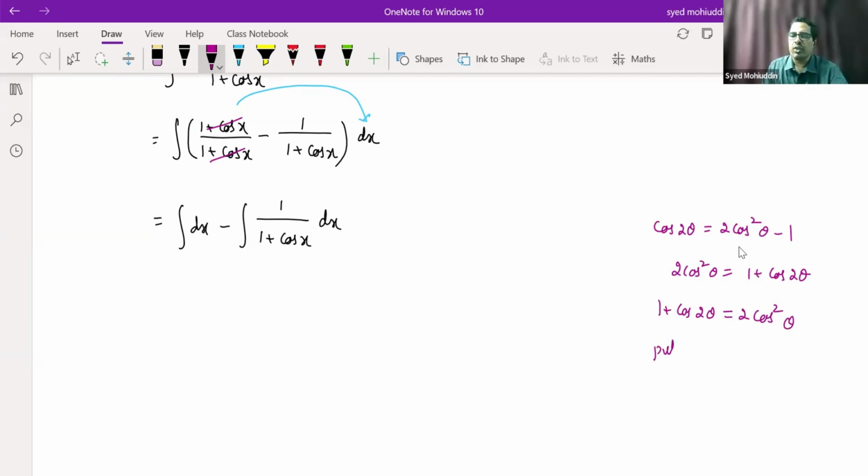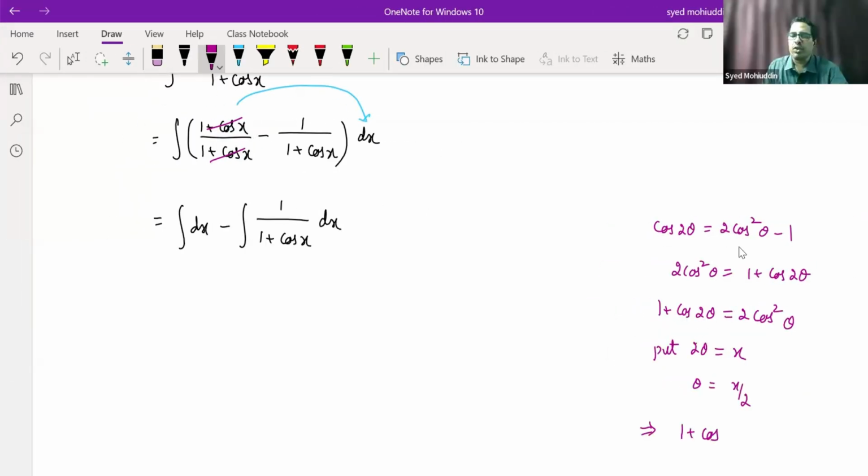Here I take 2 theta equals x, and on the right hand side also I have to get it in terms of x only. What is the theta value? Theta is x by 2. So it is 2 cos square x by 2. Try to remember this formula directly. So replace 1 plus cos x with 2 cos square x by 2 into dx.